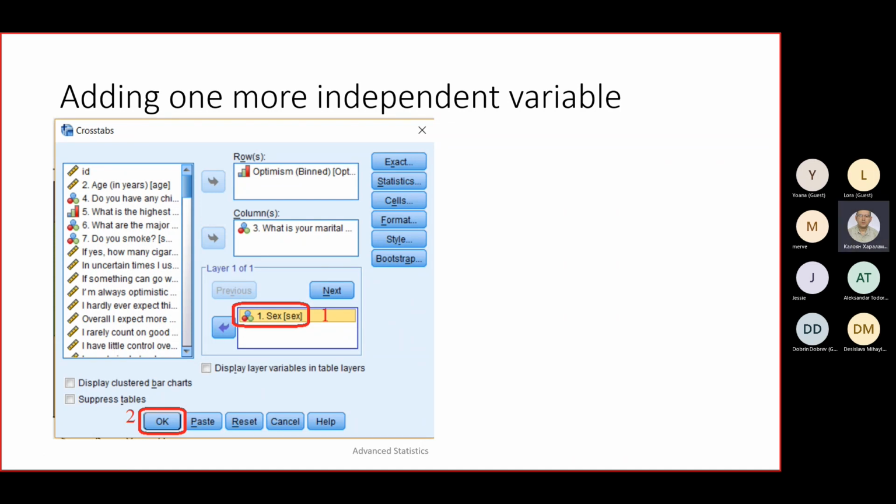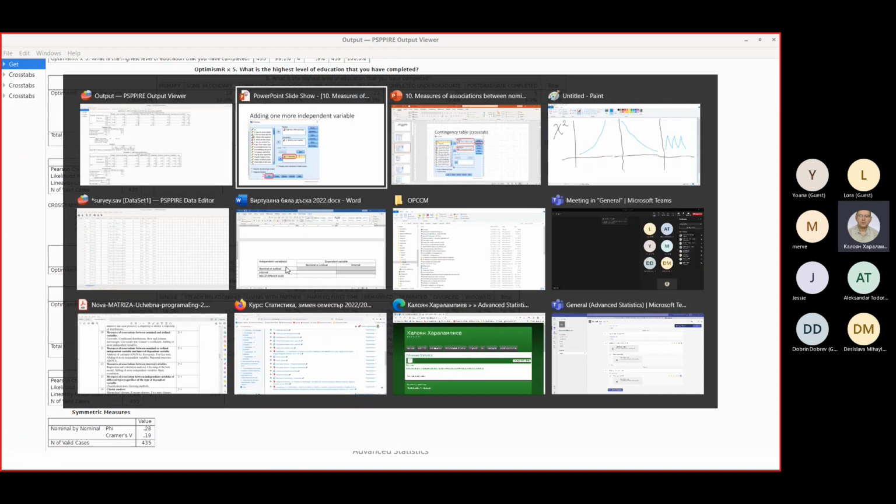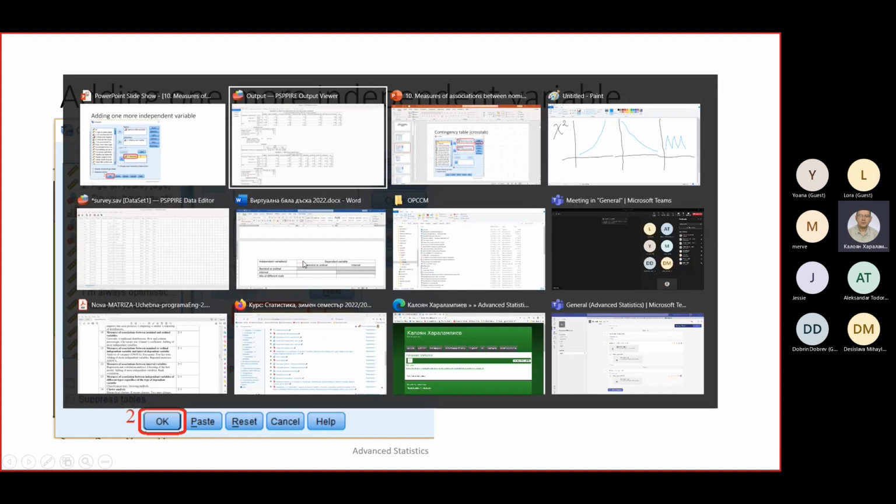In SPSS, there is an additional field for layer. In PSPP, there is no field for layer.